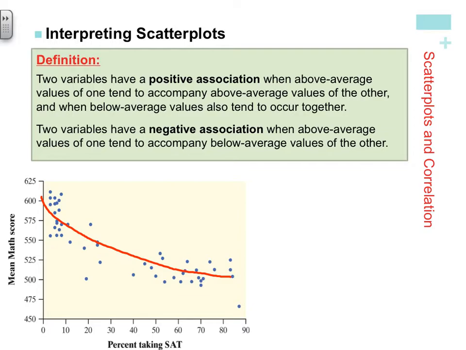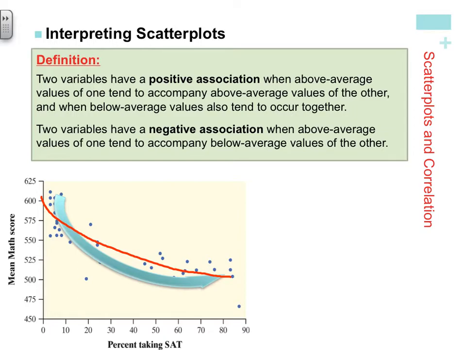It also doesn't really appear to be all that linear. So we would definitely see that there is a negative direction here. It appears to be slightly curved rather than linear, and it does seem fairly strong because most of the points are not too far from the pattern, whether that be curved or linear.